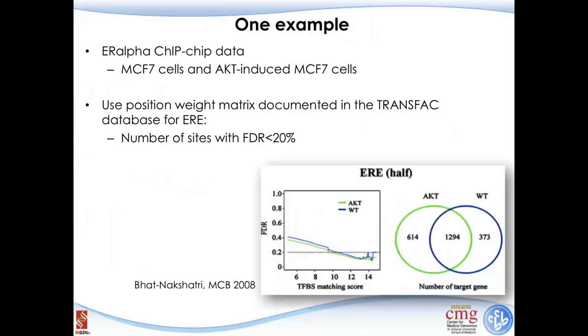Okay, here I may talk a little bit about one example where people found a motif. In 2008, they published a paper in MCB, maybe Molecular and Cellular Biology. They used ERR ChIP-seq data to try to identify binding sites between two different cells, the MCF cell and the AKT-induced MCF cell.